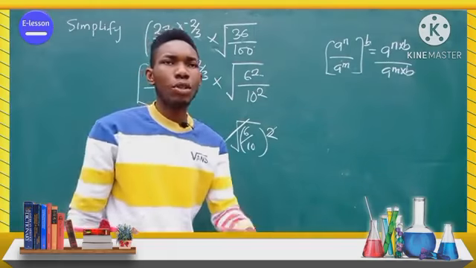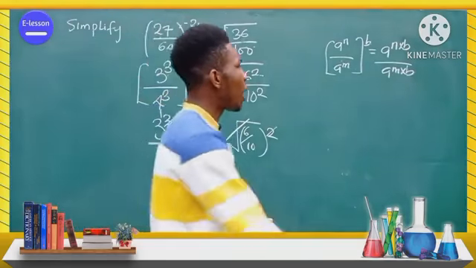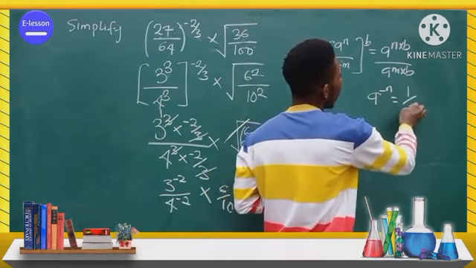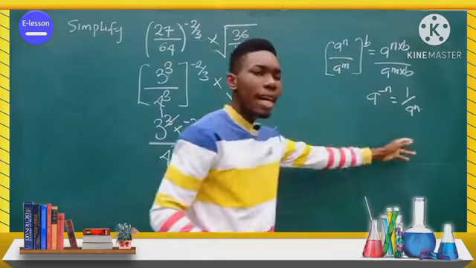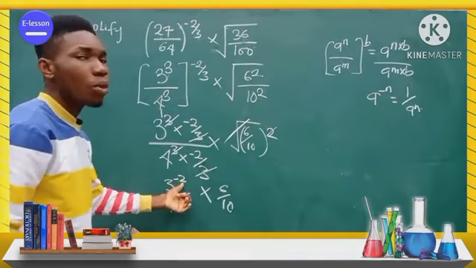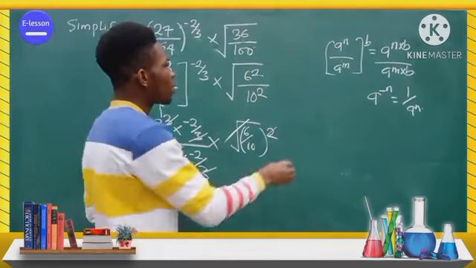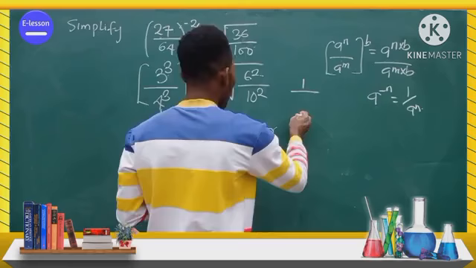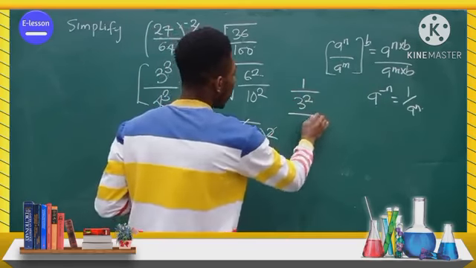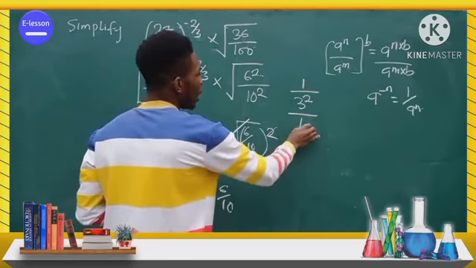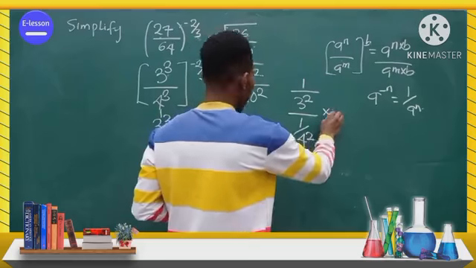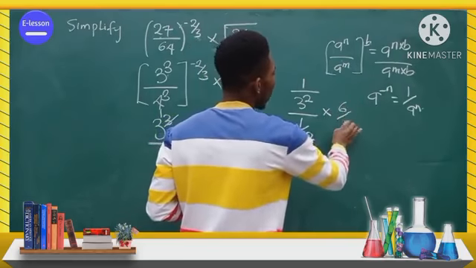Now what can we do here? According to what I told you, whenever you have a raised to the power of minus n, it is the same thing as 1 over a raised to the power of n. Let's apply this here now. In this case, our a is 3 and our n is minus 2. So this becomes 1 all over 3 squared, divided by 1 again over 4 squared, times 6 over 10.